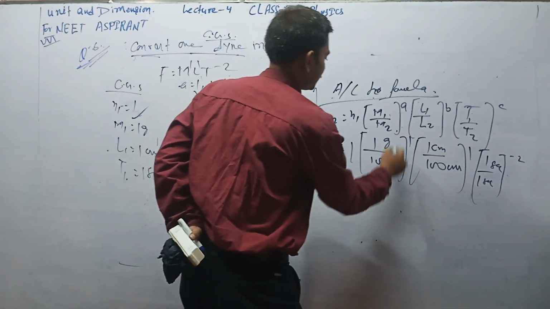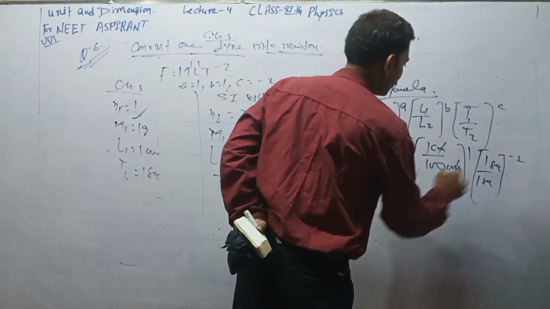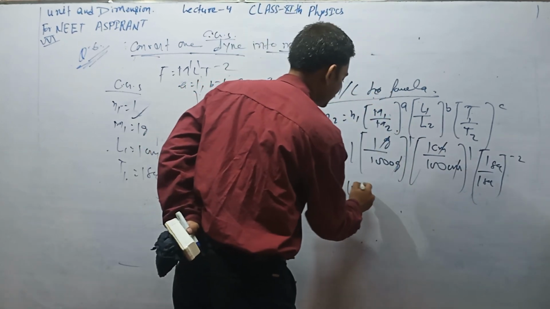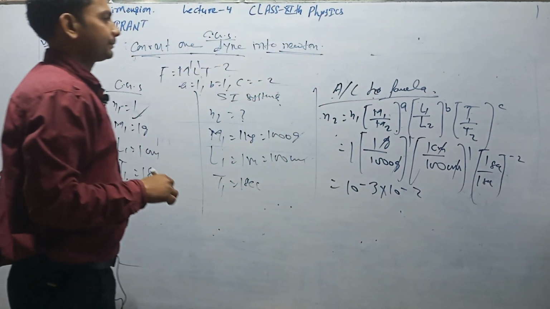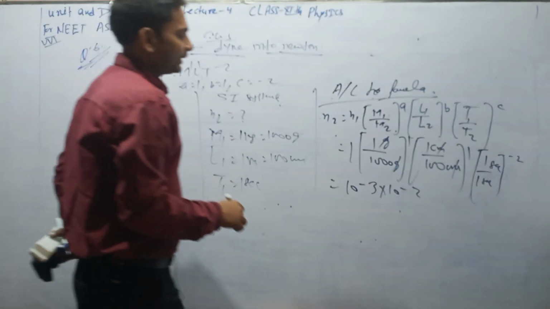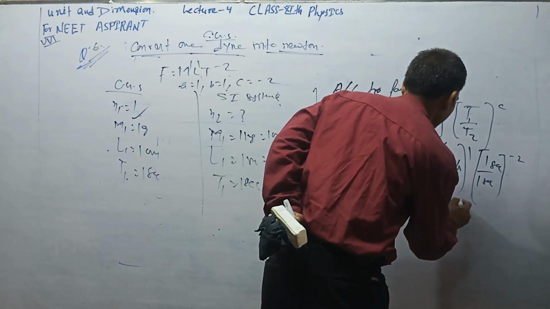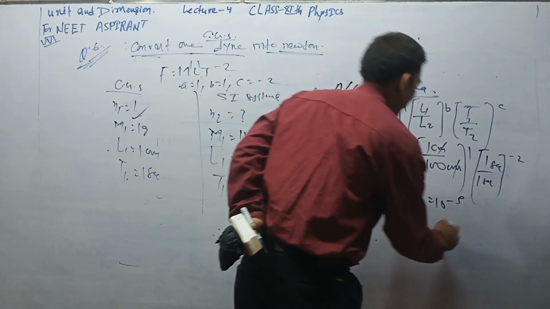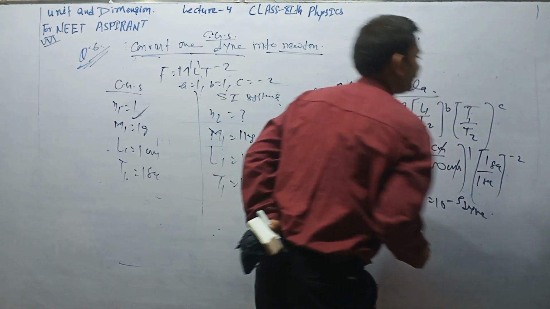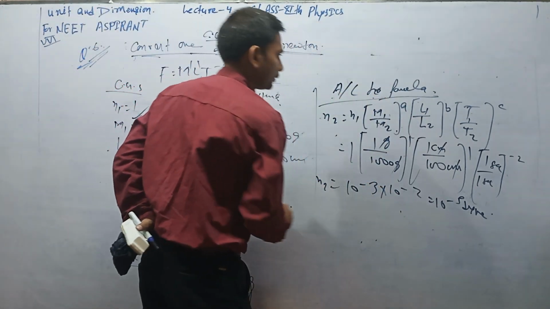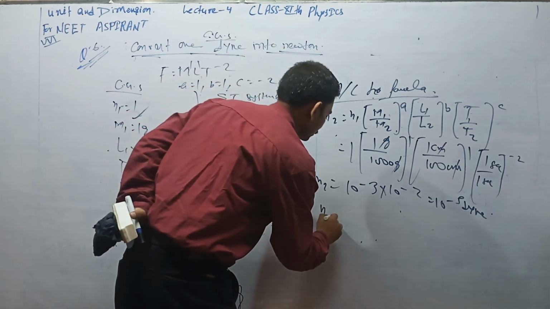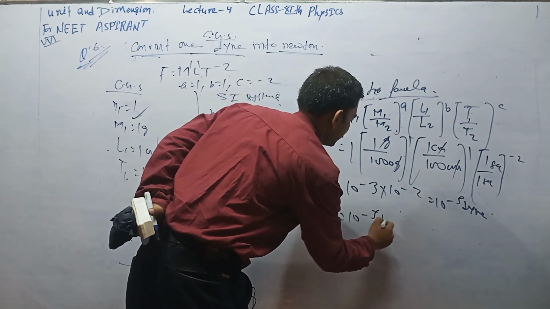Here these cancel out. So 10 to the minus 3 into 10 to the minus 2, that means 10 to the minus 5 dyne. That means N2 equals 10 to the power minus 5 dyne.